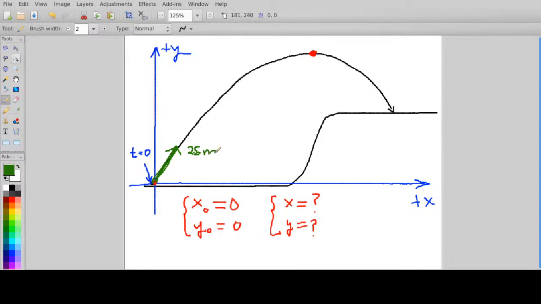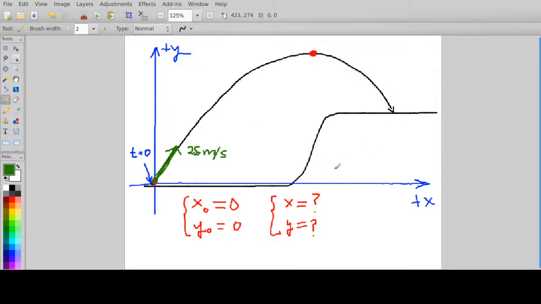Magnitude just means, you're going to hear me use that word a lot, how fast is it going? I don't care about the direction, just how fast it is going irrespective of the direction. It's not its x component, it's not its y component, it's the full velocity, but not the direction information. The other piece of information I give is 60 degrees above the horizon.